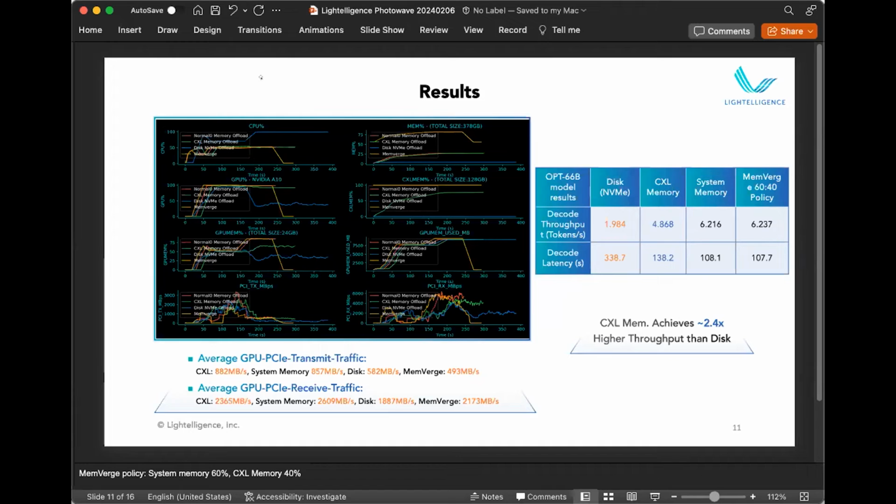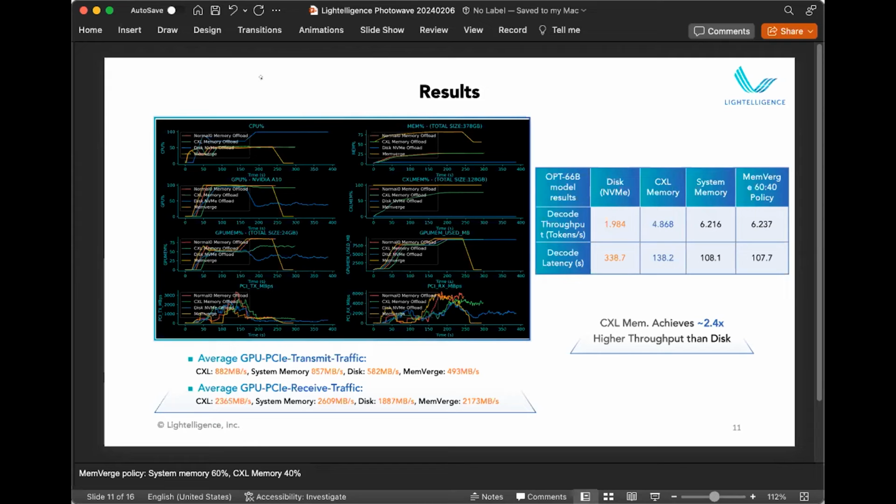I'll just call your attention to the ones that matter, which is the decode throughput, in terms of tokens per second. We compared running the large language model on the CXL memory, which is connected over the optical link, versus running the model on the solid state drive in the server itself.